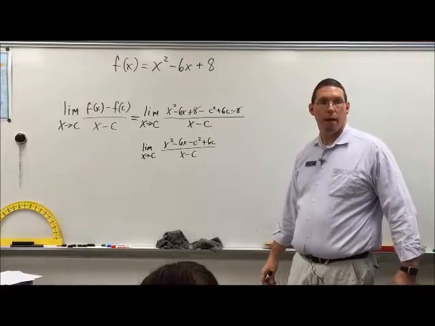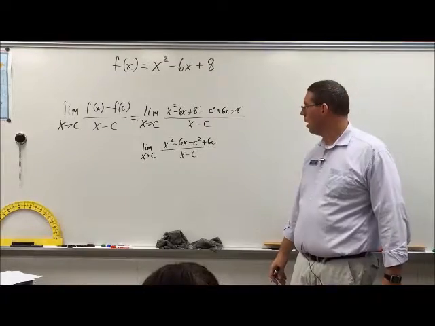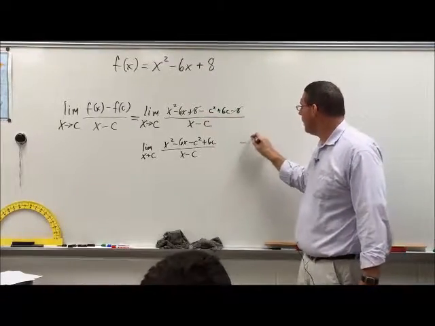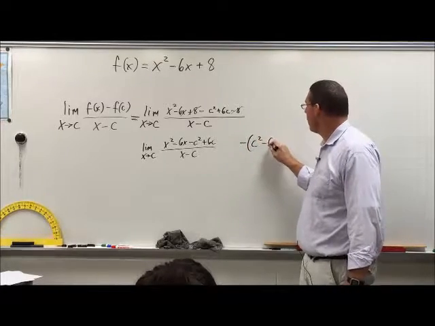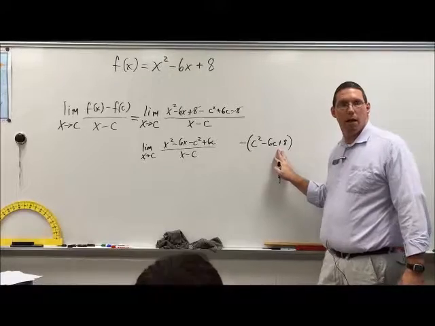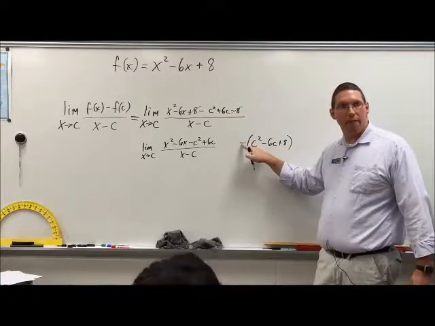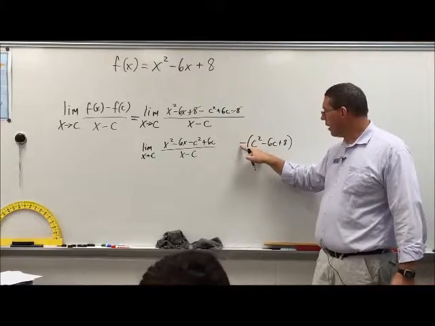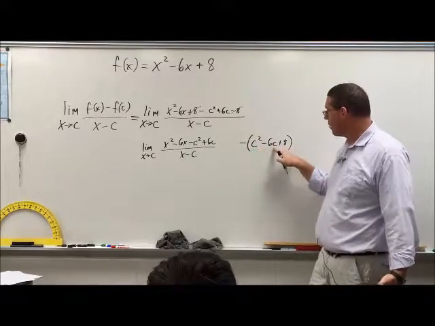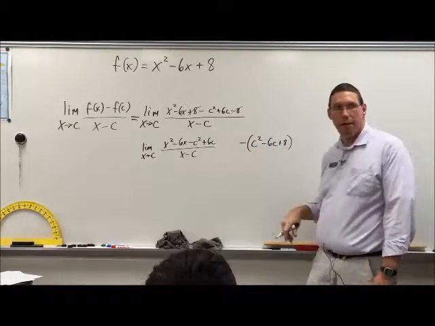Brandon? You changed the 6c to the plus? Right, because remember, we had minus c squared minus 6c plus 8. This is in parentheses, right? And then we distribute the negative. When we distribute the negative, it becomes minus c squared minus negative 6c, which becomes plus 6c and minus 8.